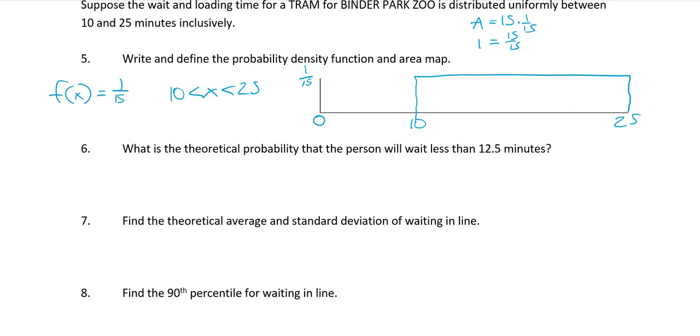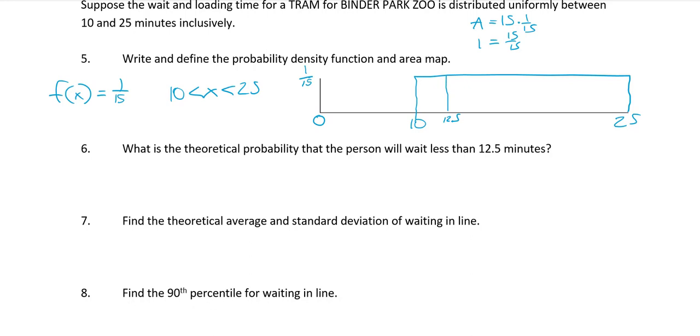In the previous problem, we took a look at the theoretical probability that a person will wait less than 12.5 minutes. Well, here we have the same thing, except we have to look at the difference between that 12.5 and the 10. Notice how small the 12.5 and the 10 is. Let's use a little highlighter to show you that.